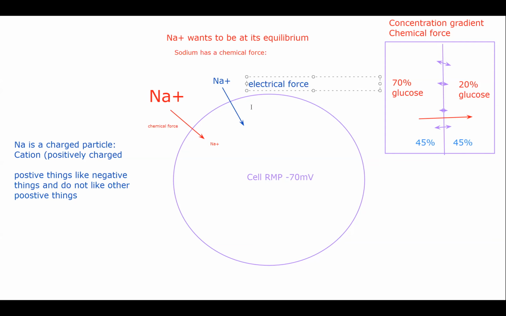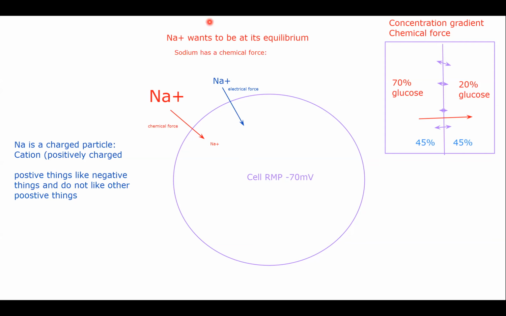So notice there is both a chemical force and an electrical force really trying to drive sodium into the cell. Sodium really wants to get into the cell, and we actually use that to get sodium to do work for us.